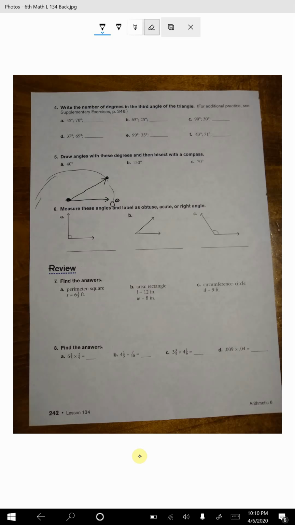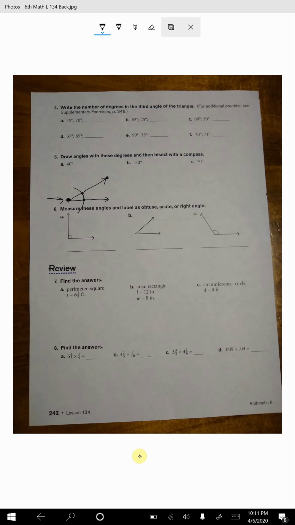Okay, after you did that, get rid of this part right here. Then take your compass, put your metal point right here on your vertex, and then swing it around the pencil side and make an arc right through there. Remember this from the other day? Now take your protractor and measure from here to here.